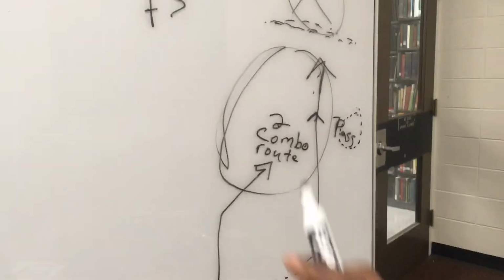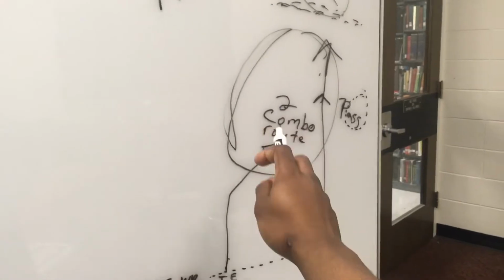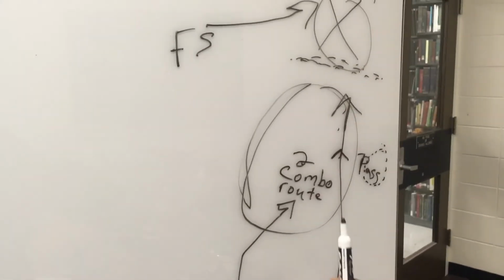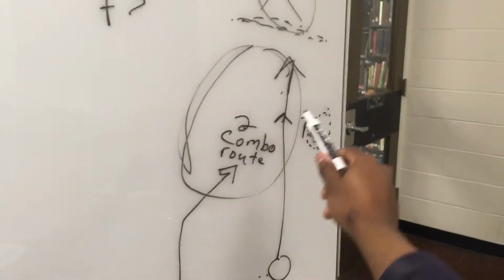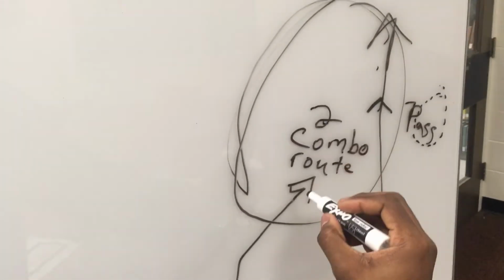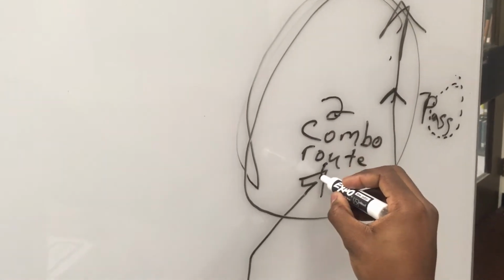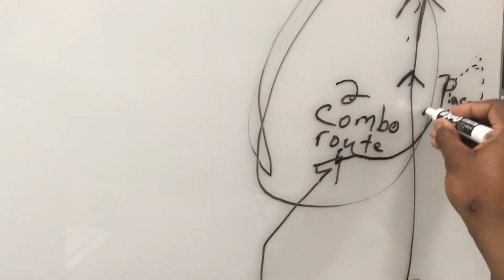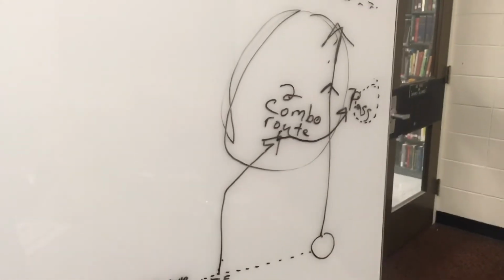So you see, that's why I call this the two combo route scenario, running the fly route so that this area can open up for the pass. And this route will be going towards that area. So you see?